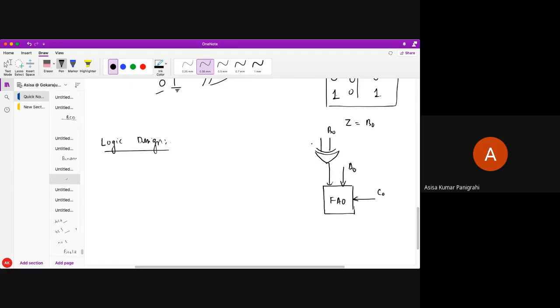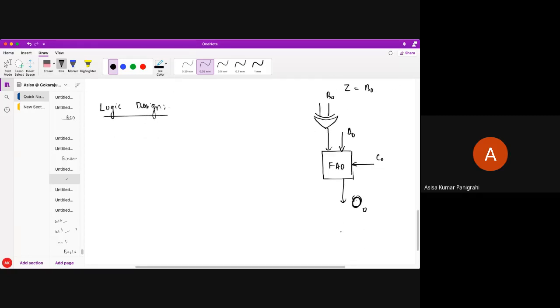This is my B0. Next, it generates output 0. So I have told you this may be an adder circuit as well as a subtractor circuit, and it generates the carry C1. Okay, and it will go to the next full adder FA1. Please try to understand, very important concept I am explaining.